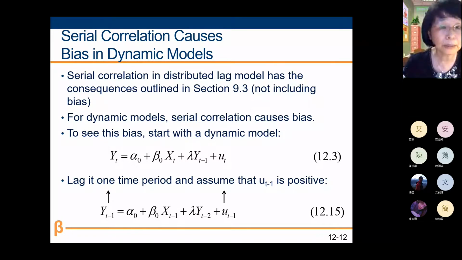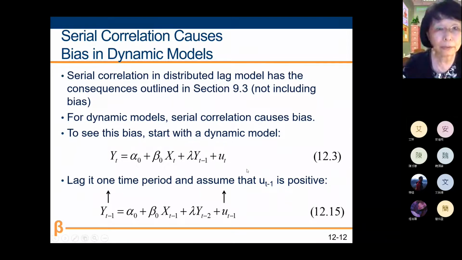We learned in chapter 9 there are two ways, right? One is called the Durbin-Watson test. The other one is called the Lagrange multiplier test. Remember that?